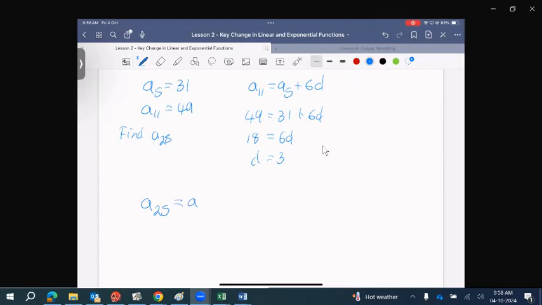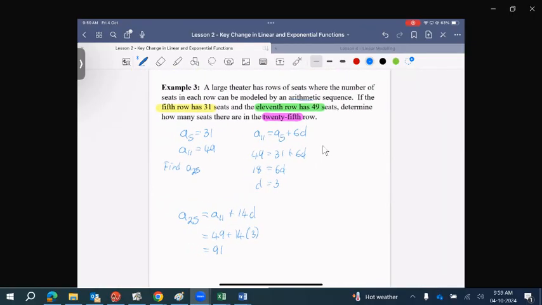If we start at A11, how many lots of D do we need to get from 11 to 25? We need 14 lots of D. So that is 49 plus 14 lots of 3, which is going to give 91. What's the units? Seats.